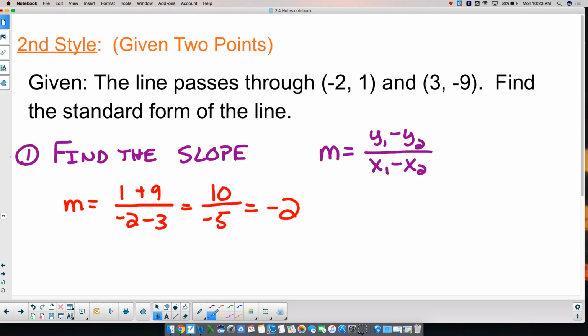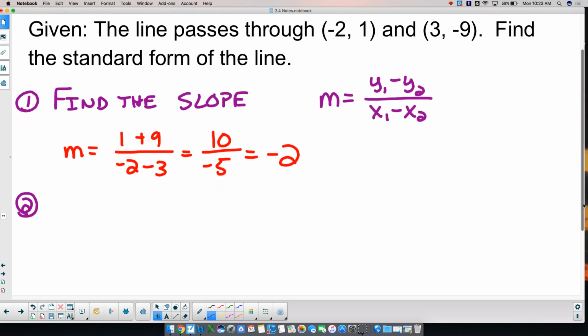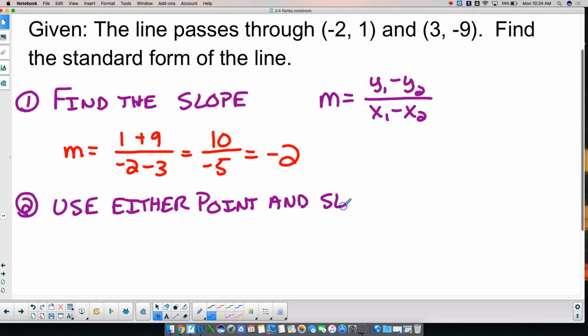Then, what you're going to do is use either of the 2 points and the slope to get your equation.